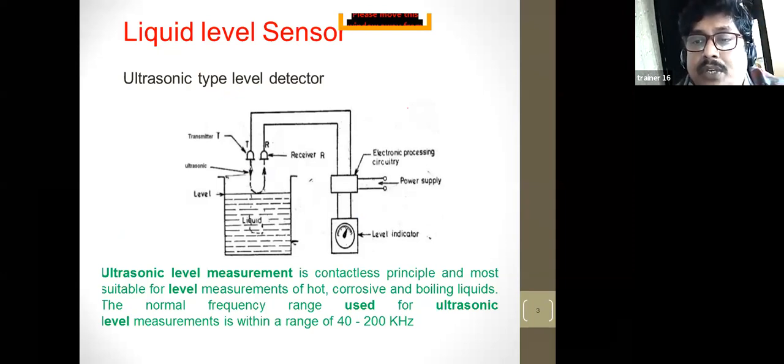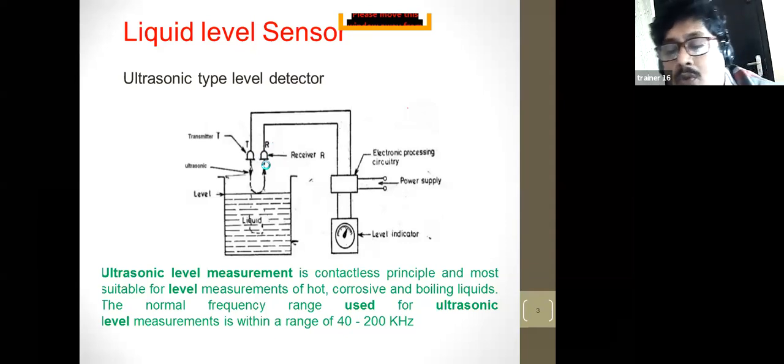With the help of this ultrasonic type level detector, we can find the level by sending ultrasonic rays. They hit the surface of the liquid, reflect, and are received by a receiver. It mainly depends on how much time the receiver takes to receive them. If the time is very short, the level of the liquid in the tank is high. If the time period is very long, then the level in the tank is very low.